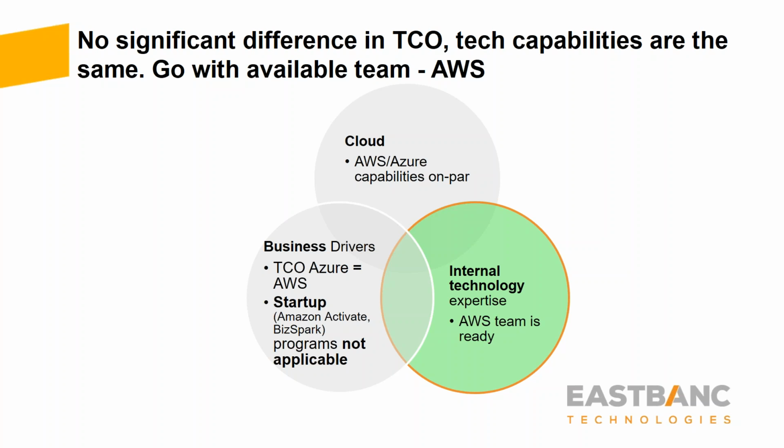In this case, they were not eligible for Amazon or for Azure. So no big difference there. What we ended up having is just internal technology expertise, and for us in that specific moment, we knew we had an available team on Amazon, so we recommended, okay, let's go to Amazon. It was a pretty simple use case, okay?